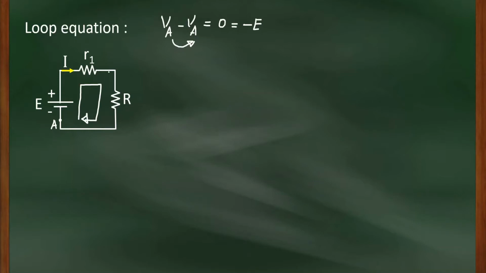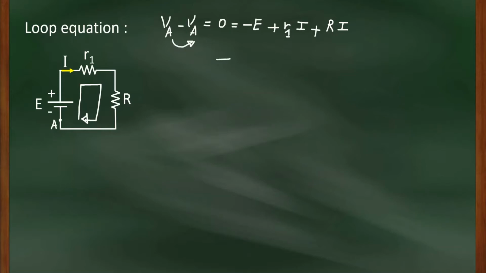Here the sense of my current is like that, the same sense, so I have plus R1I. Same thing for R, so plus RI. And all this equals 0.